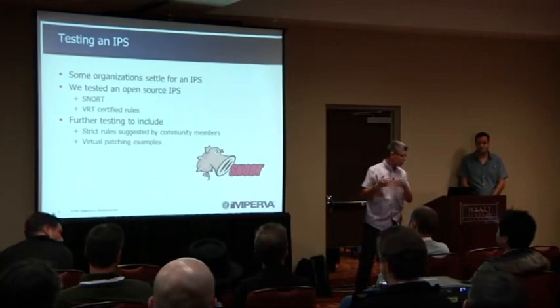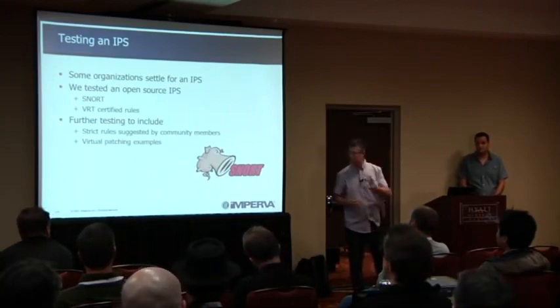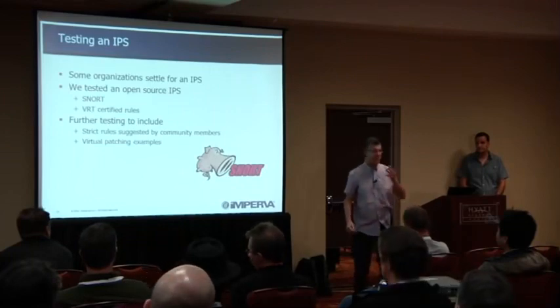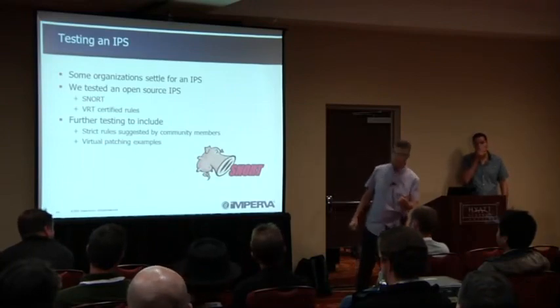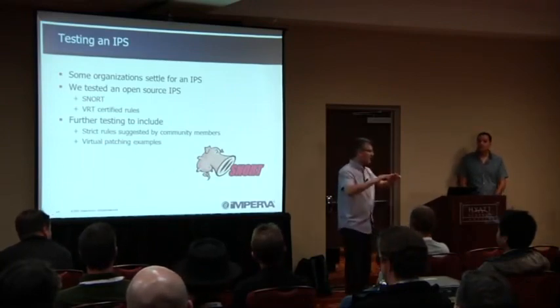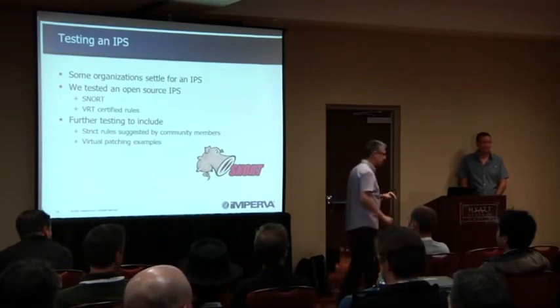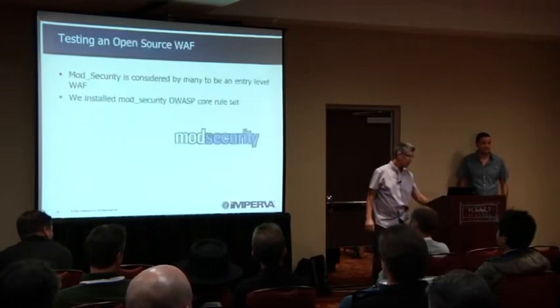We tested Snort with the VRT certified rules, and you'll see how that scores. What we further did is we added some restrictive rules that are not in the basic rule set, and you'll see how that affects the balance between false positives and false negatives, and give you some cases why it is important to apply this kind of framework.